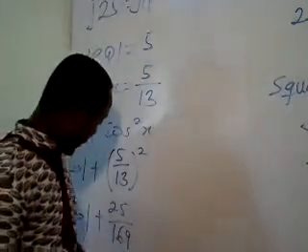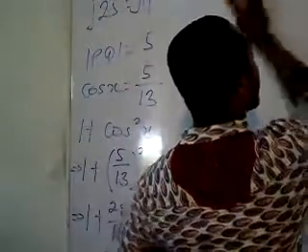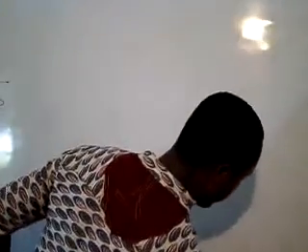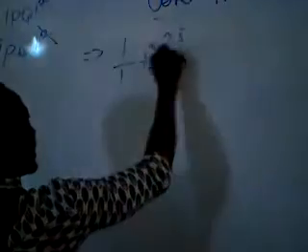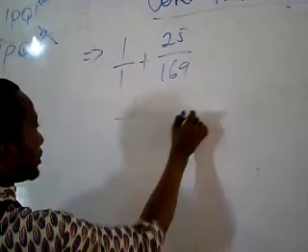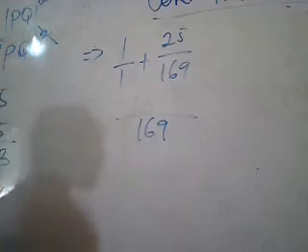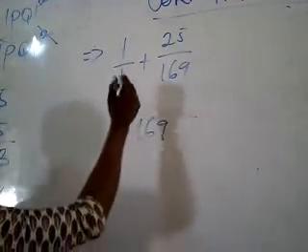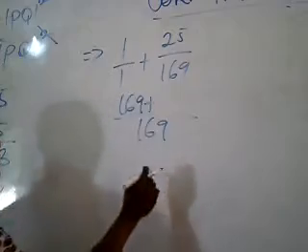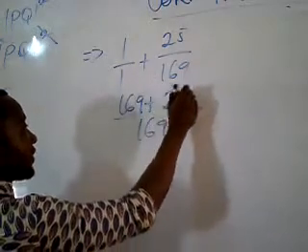Now what we have to do is to find the LCM. So this implies that we have 1 over 1 plus 25 over 169. We have 1 and 169, so we have 169 to be our LCM. 1 goes into 169, it's 169. Plus 169 goes into 169 one time, 1 multiplied by 25 is 25.